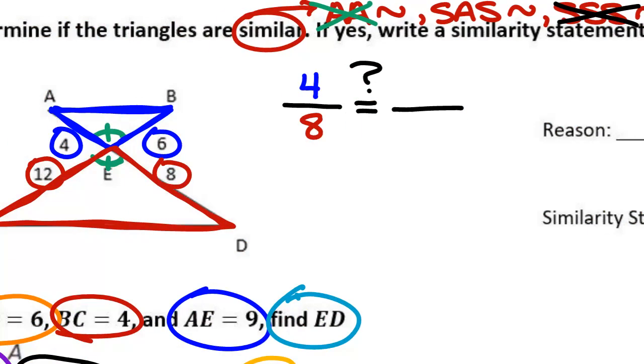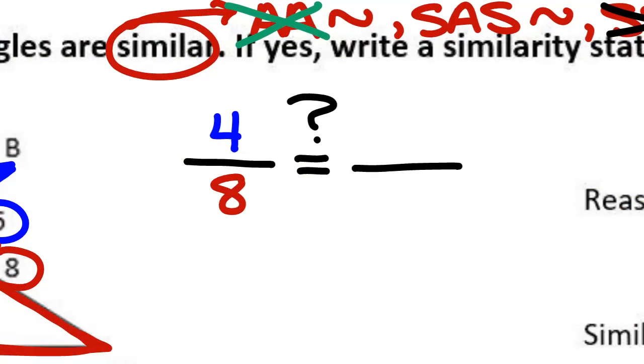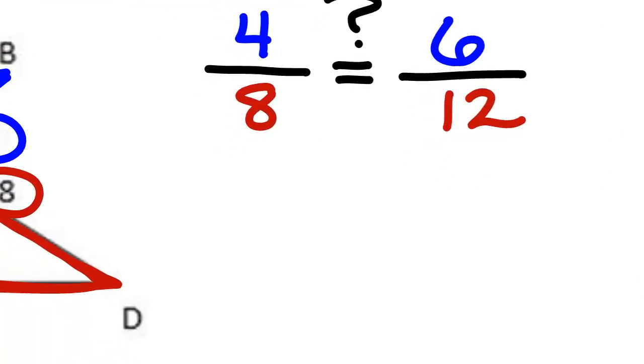Since I put the 4 on top here and that came from my smaller triangle, the other numerator also has to come from the smaller triangle. So what do I put up there? 6 here. And on the bottom? 12. And now I'm going to simplify those two fractions and see if they are the same. 4 over 8 is what when it's been fully reduced? Not 2, but you're close. 0.5 or 1 over 2.